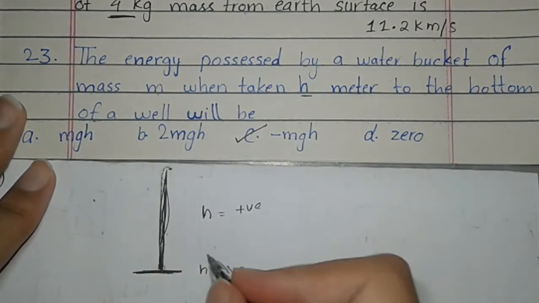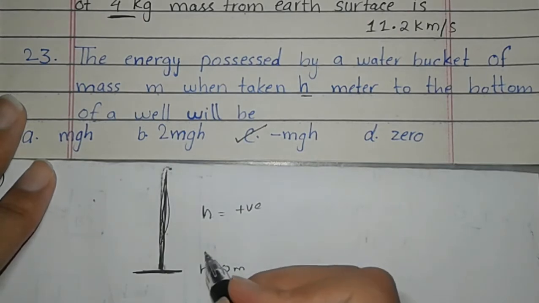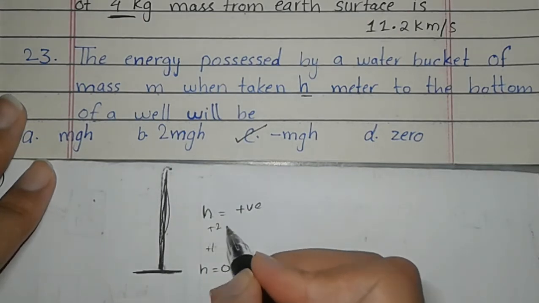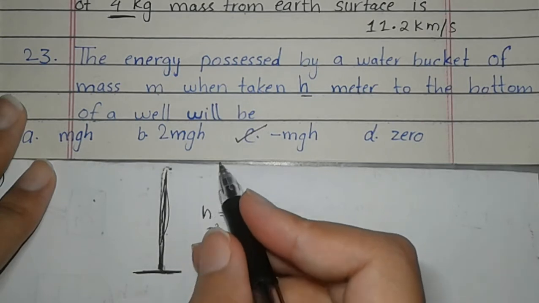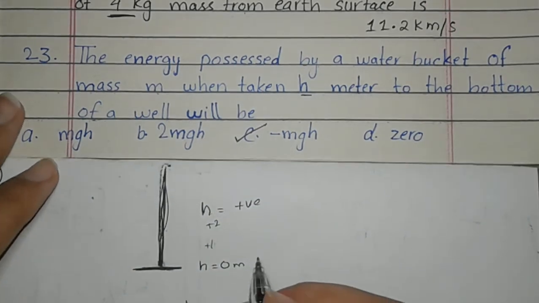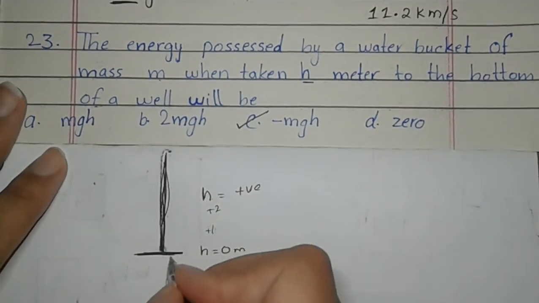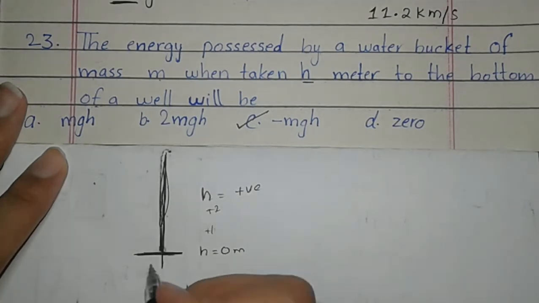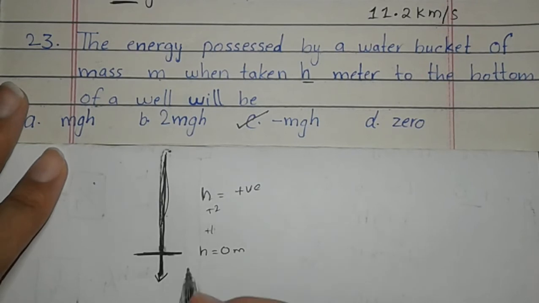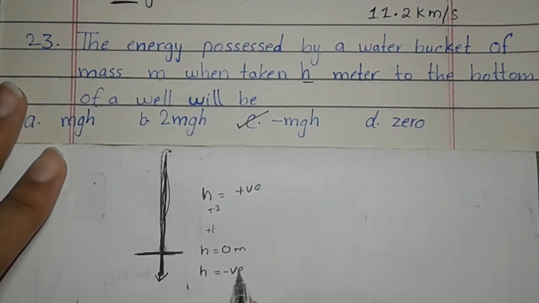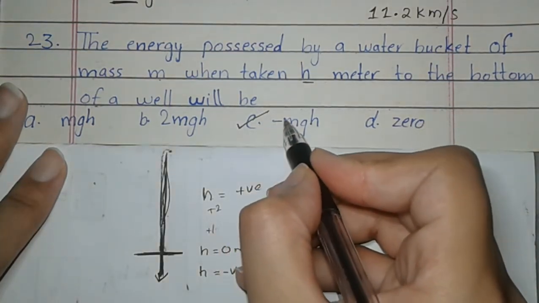The height will increase, like from 0 it will become plus 1, 2, 3, 4, 5 meter, 6 meter, and so on. But if we go to the bottom of earth, it means if we move the body below the earth's surface, then the height will decrease. It means that the value will be negative. So here option C is negative mgh.